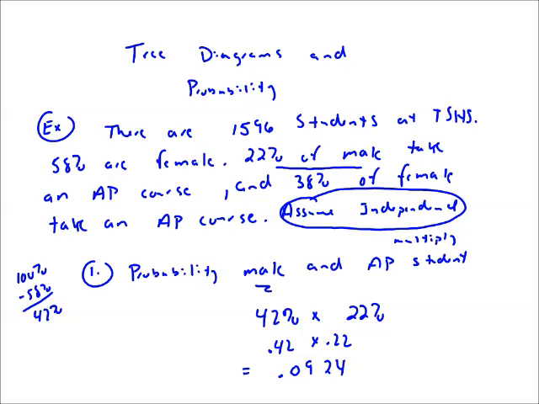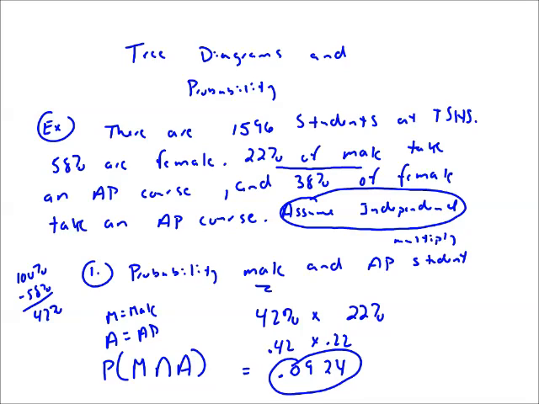And the notation, male and an AP student, is M for male, intersect, A for AP student. And we get 0.0924, or 9%.